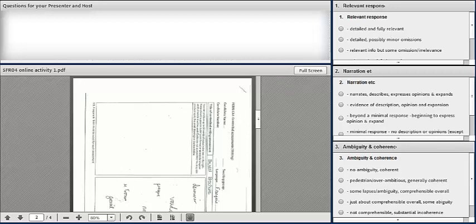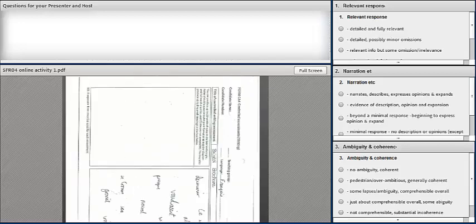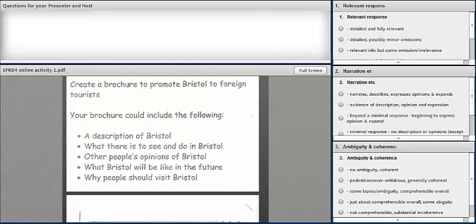Okay, so we are looking at the relevance of this, and I see that most people think that it's detailed with possibly minor omissions, although there's a pretty substantial vote for relevant info but some omission or irrelevance. If we can have a look at the task, there it is.